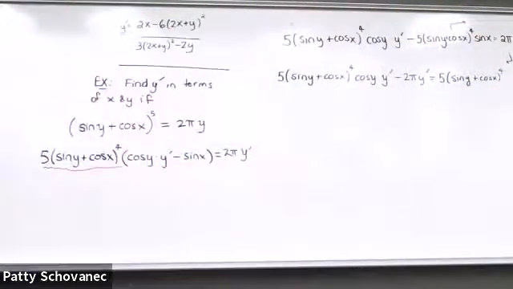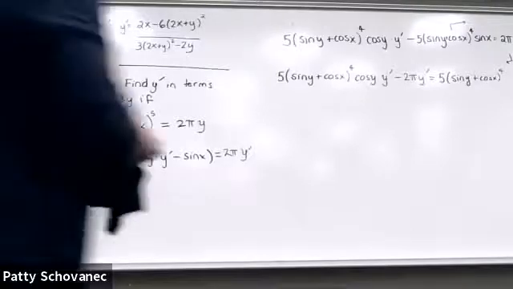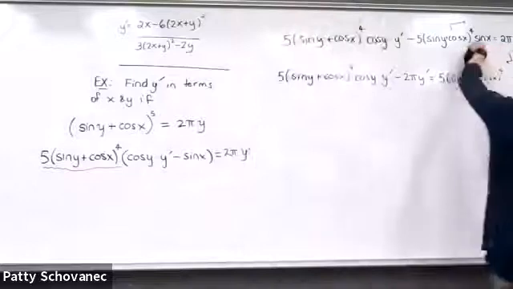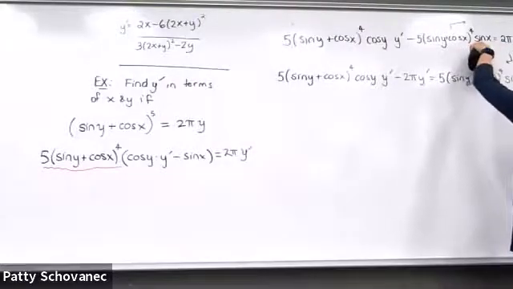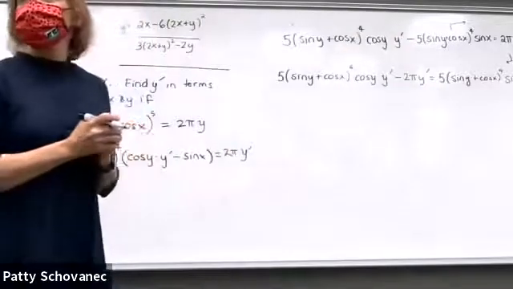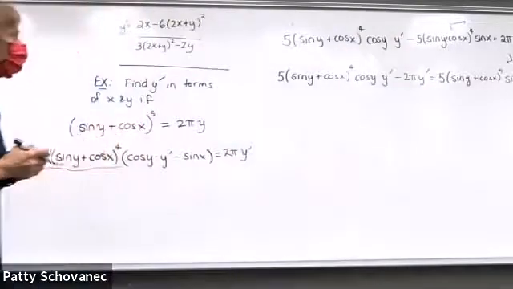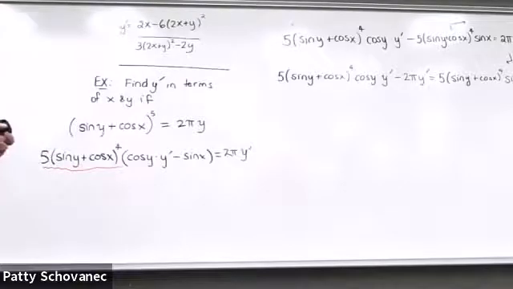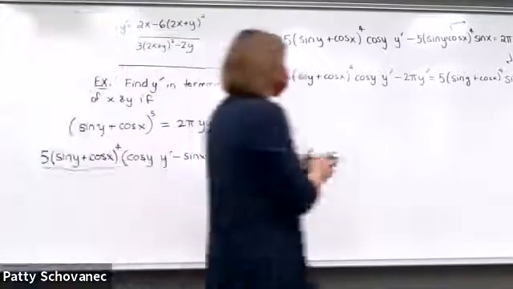Okay, I'm going to factor out the y prime. I'm going to do it with this little rag. What happened to sine x when you moved it to the other side? Did I do something too? I did. Now it's back. Okay, I'm going to factor out the y prime by doing this.